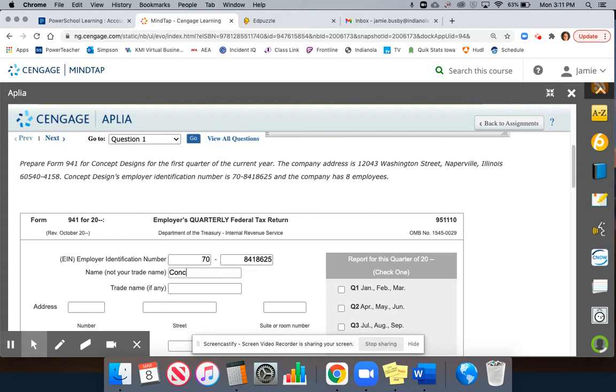The name is Concept Design. It would say if we have a trade name, nothing in the instructions talks about a trade name, so we leave it blank. Date, given in the instructions.